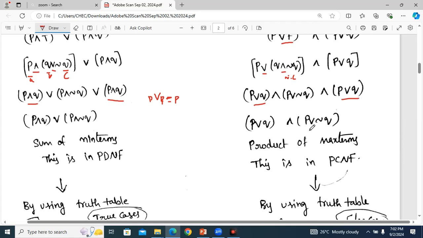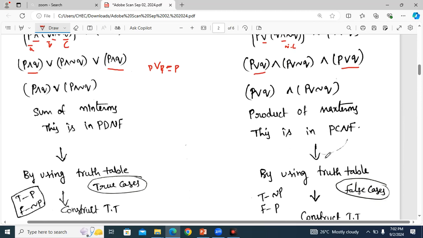So by the idempotent law, we write (P or Q) and (P or negation Q). So this is a product of max terms, so this is in PCNF. Here we note that every PCNF is a CNF, but every CNF is not a PCNF. In the same way, every PDNF is a DNF, but every DNF is not a PDNF.